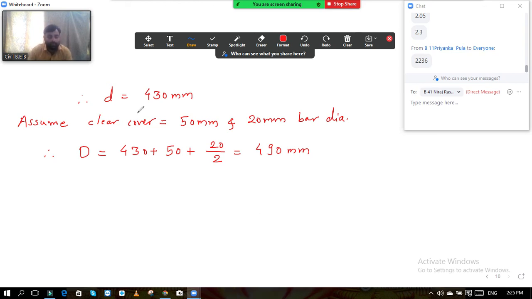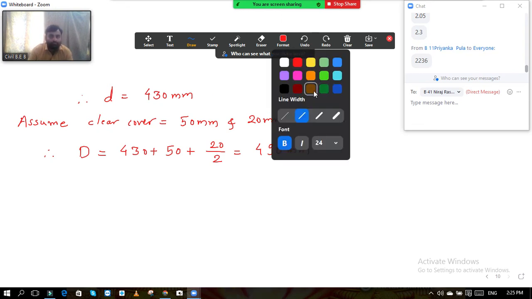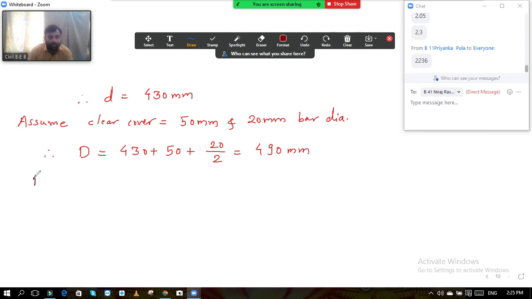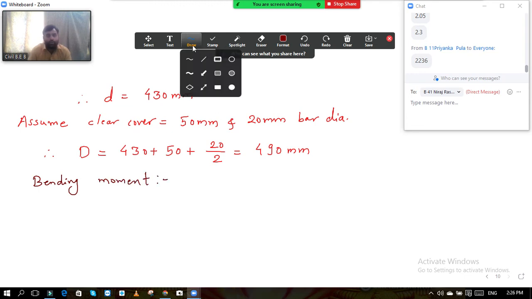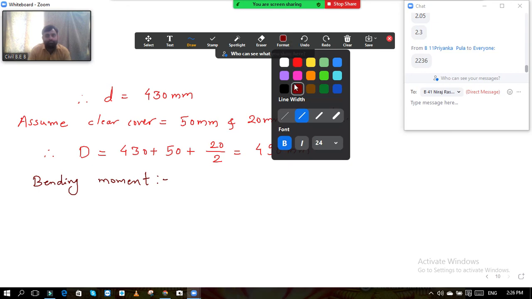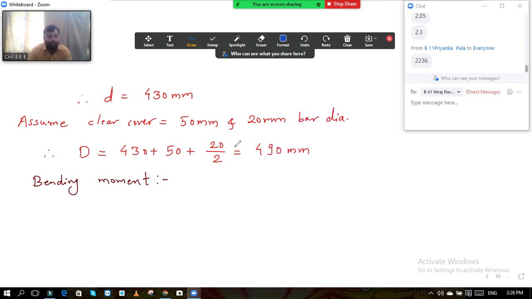Now next we will go for the bending moment. We will calculate the bending moment and then we will check the depth. The next point is bending moment. This is the easy part now. I have told you how to calculate the bending moment. For the bending moment, where is the critical section?